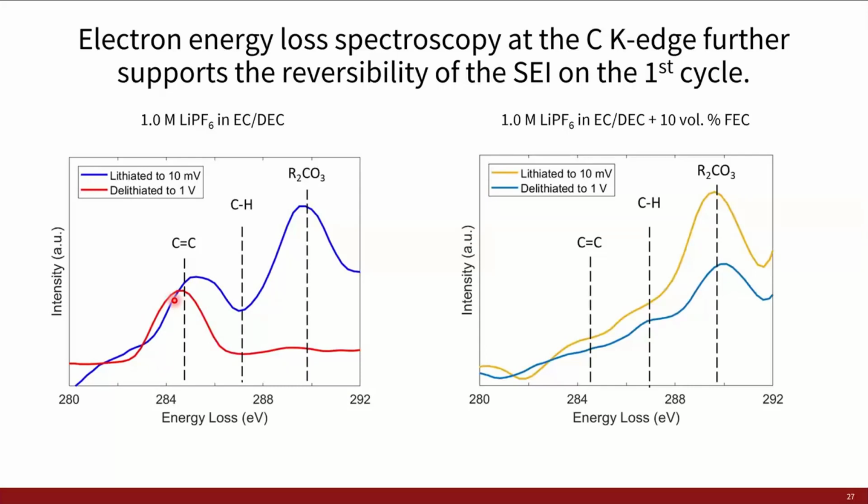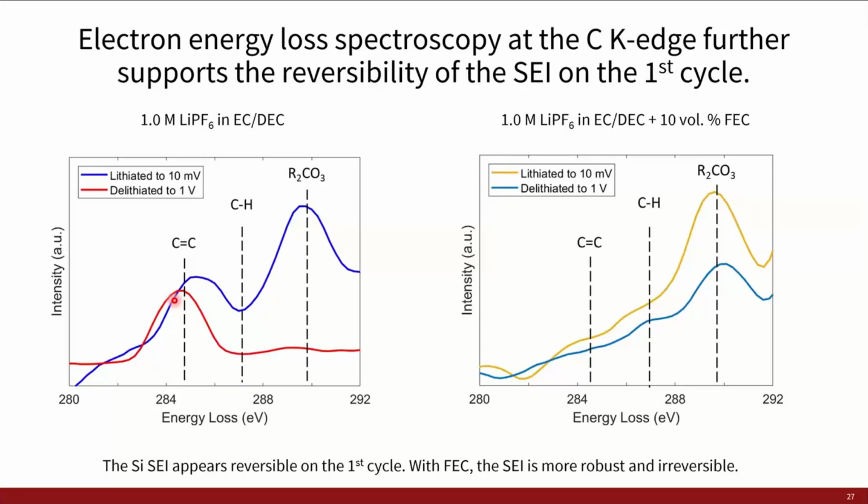In the case of the fluoroethylene carbonate containing electrolyte, they both contain strong carbonate peaks, and that carbonate peak is very persistent even on delithiation. And that's likely coming from the rapid defluorination of the FEC and its subsequent polymerization into a polycarbonate type structure on the silicon surface, which is generally thought to be a vinylene carbonate or VC type polymer.